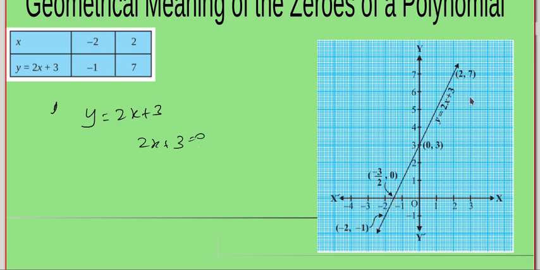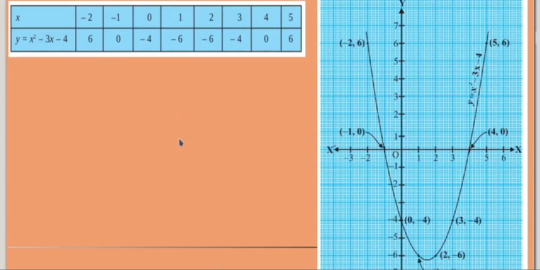So if it is a linear polynomial, we have only 1 zero. So geometrically we can express the zero of the polynomial in this way by plotting the graph of the given equation. If it is a quadratic polynomial, for this also, for each value of x, we can find the value of y. If x equal to minus 2, if we substitute in this equation, we will get the corresponding y values.